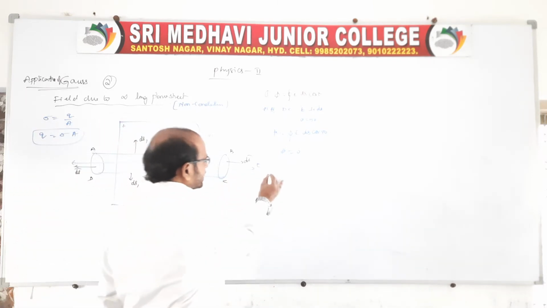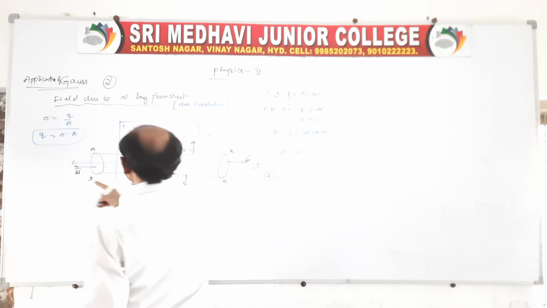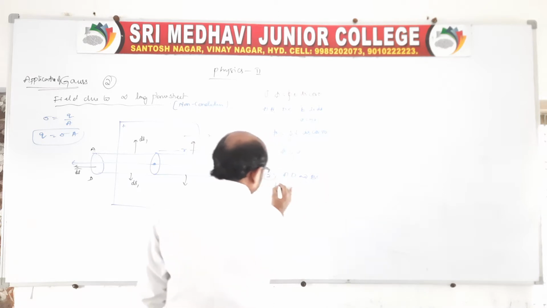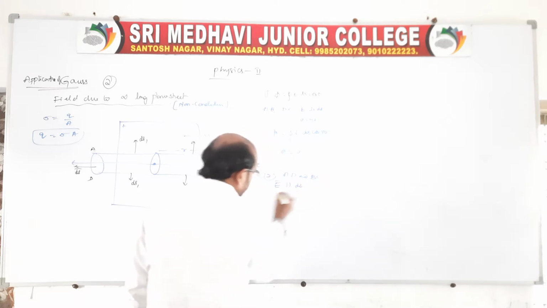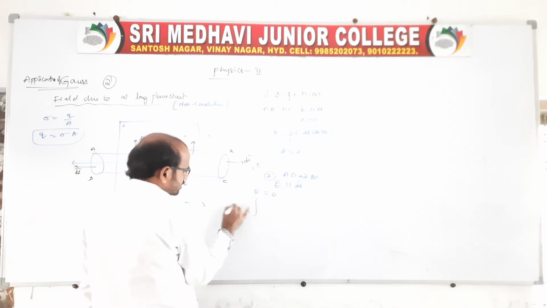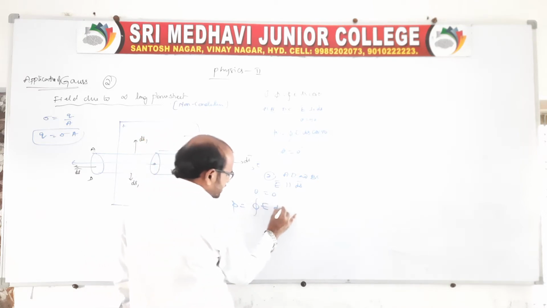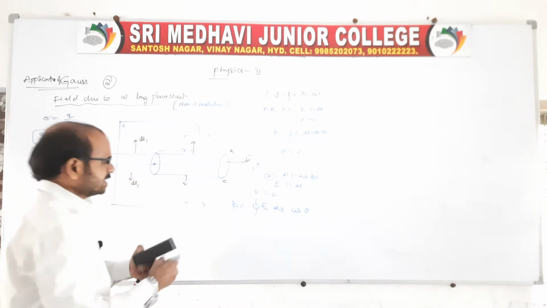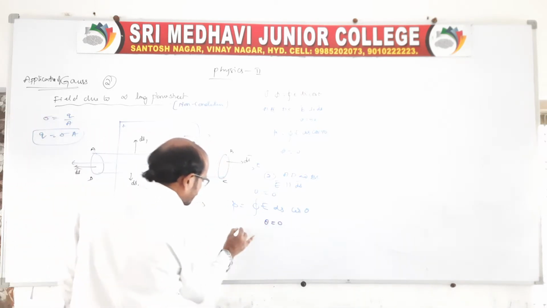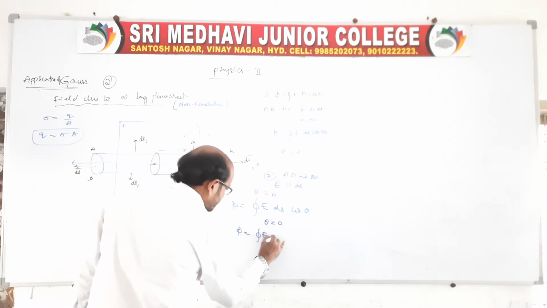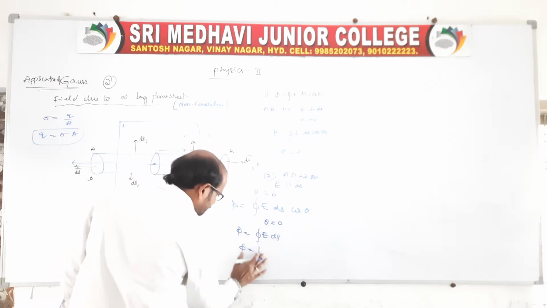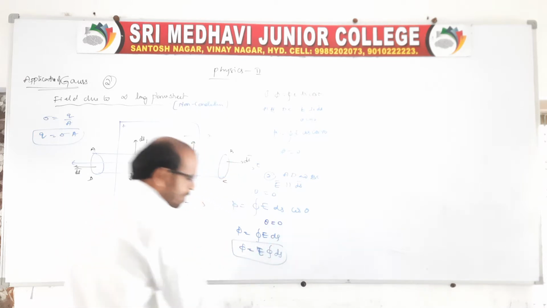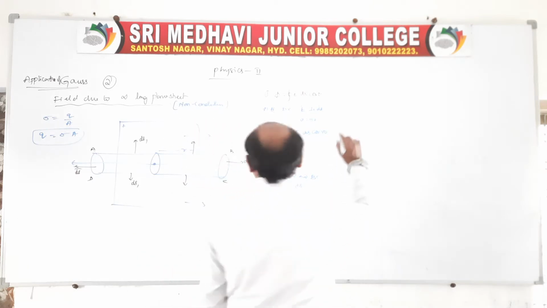And now go for the second areas, that is, here it is AD and BC. AD and BC are such that E bar is parallel to dS bar, so theta is 0. Here the flux is equal to closed integral E dS cos theta, right? Here theta is equal to 0. Therefore, flux coming out from these areas will be like this. This is the equation. Now, of course, dS is nothing but area.